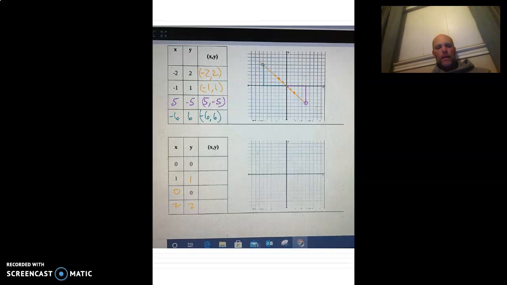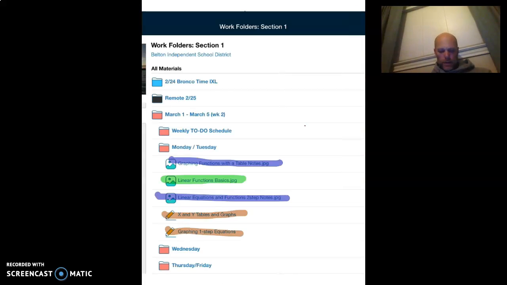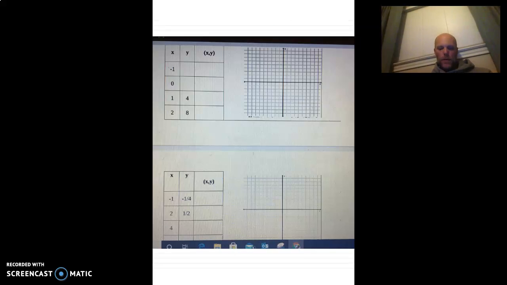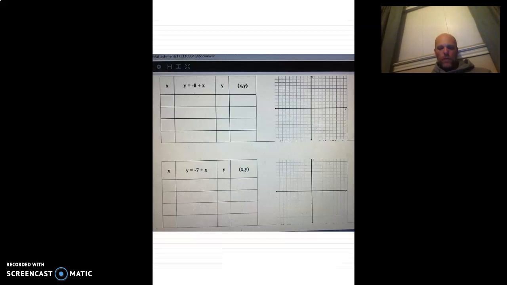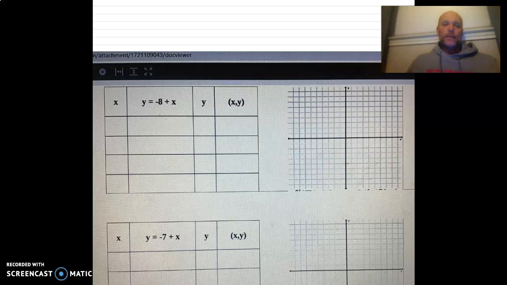Alright, and then the next assignment, which is, let's have a look-see, graphing one-step equations. This is what we did on our notes. Here's one of them. So you get to pick the x, okay? Now, what I recommend is picking simple, easy numbers.